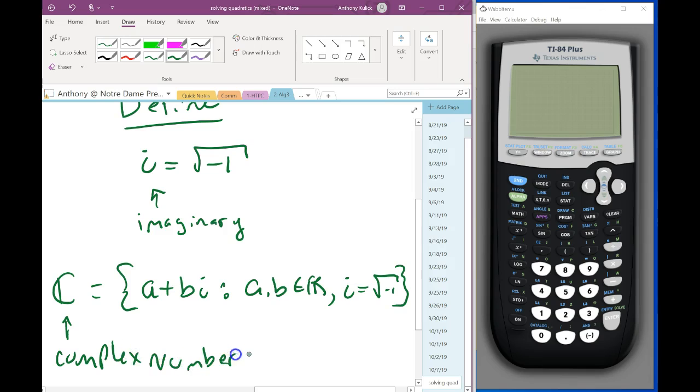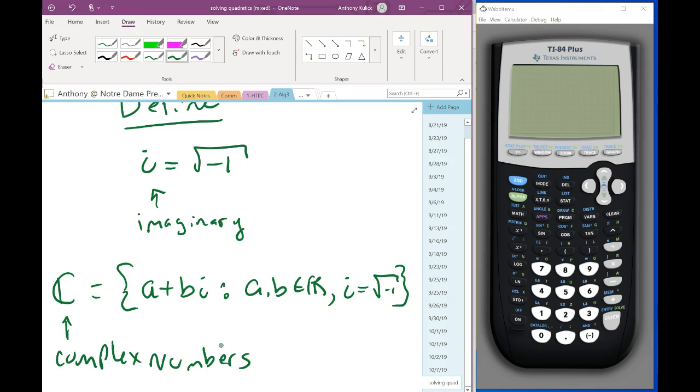And we can solve any polynomial equation over the complex numbers. So the problem that we just tried to solve that had no real solution, it doesn't if we're only giving answers in real numbers. But if we're going to allow for a complex number solution, we can certainly solve that equation. And we'll show you that in just a moment.